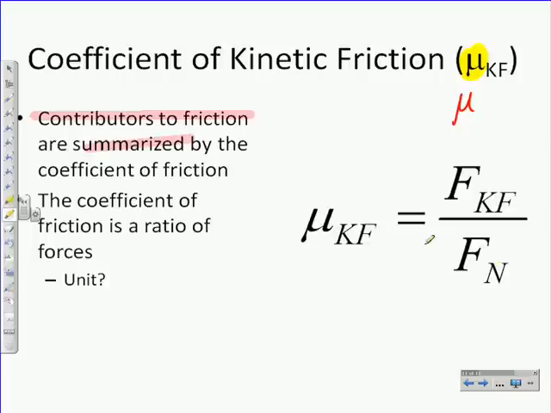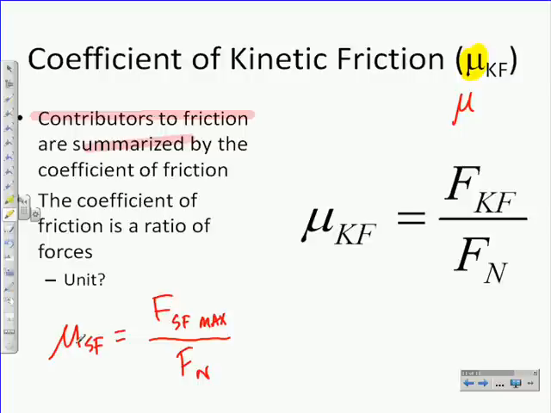You're looking at the coefficient of kinetic friction. However, there's also a coefficient of static friction, mu sub SF. The coefficient of static friction is still equal to a frictional force, but this time it's a static friction force, and more specifically, the maximum static friction force divided by the normal force.